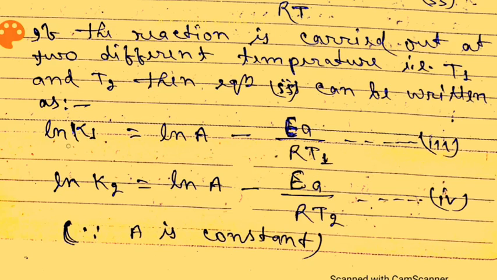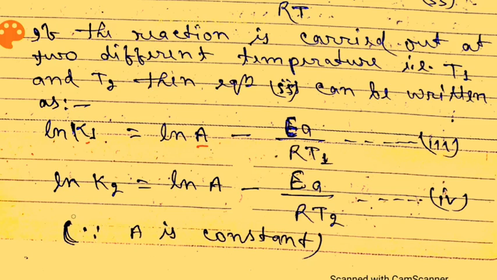So, ln K1 is equal to ln A minus EA by RT1. Here temperature is capital T1 and hence rate constant indicated by K1, and there is no change in ln A because it is pre-exponential factor, its value is constant.